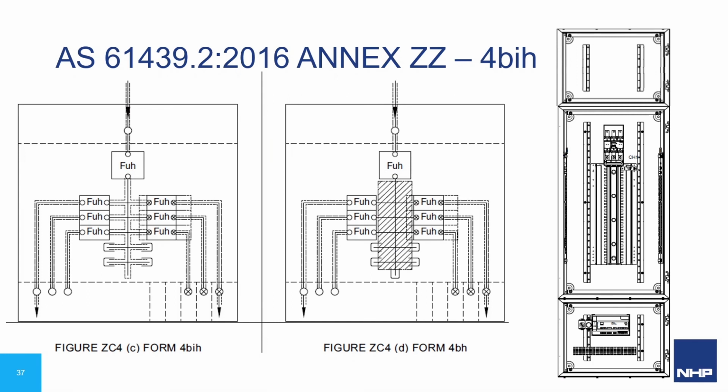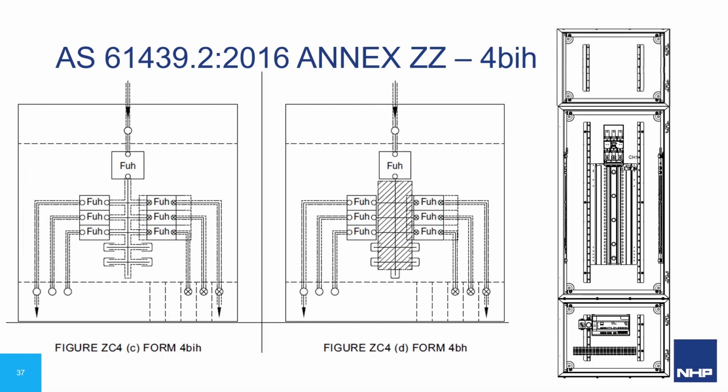Form 4BIH is also shown in the alternate methods of construction. This has the requirement as per Form 4AIH for bus bars and functional units. Like Form 3BIH, it is required to supply a terminal separate from the functional unit for the outgoing cable connection.